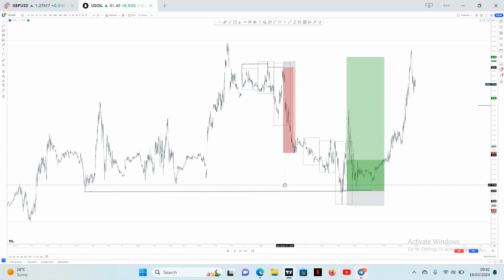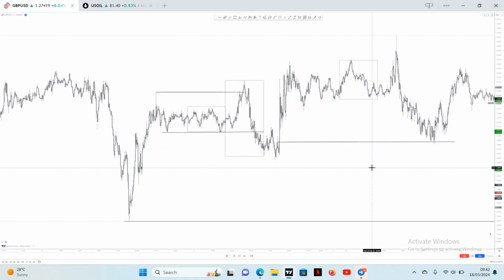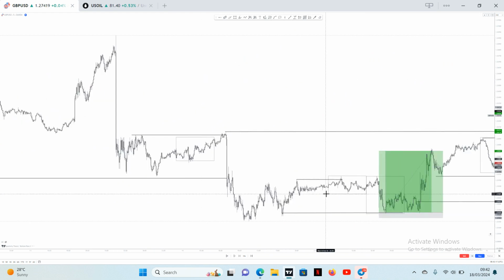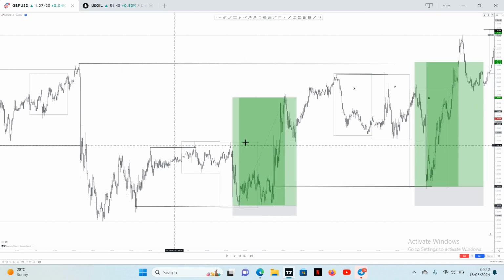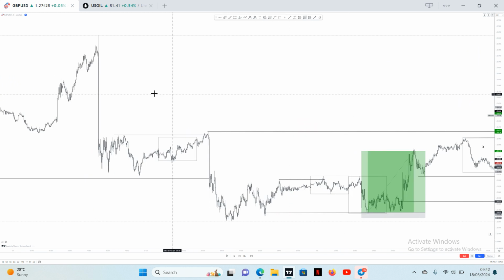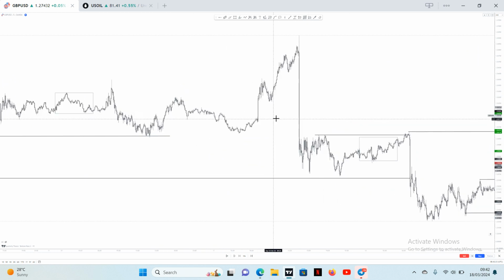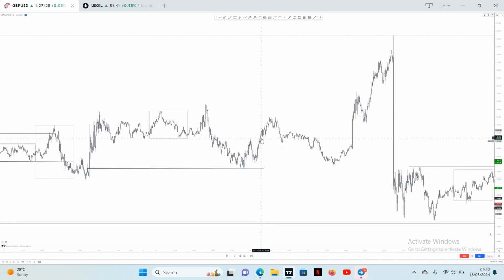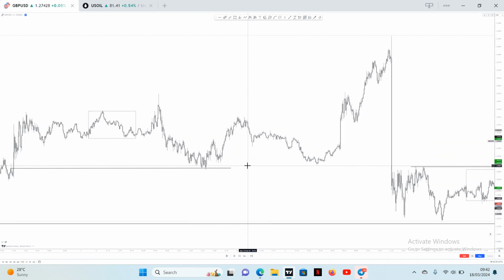So if we go back to the GBP USD that we were using, where do I even start? Should I start here? Should I start with this one? Okay, let's start with this one. This one.